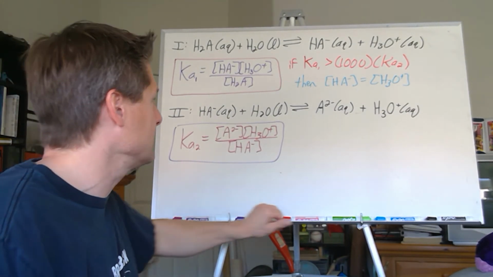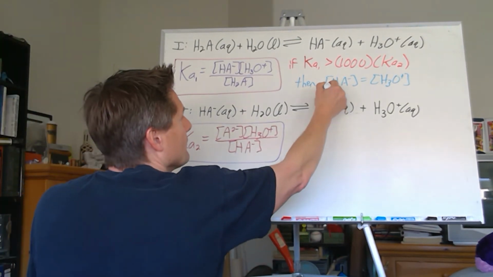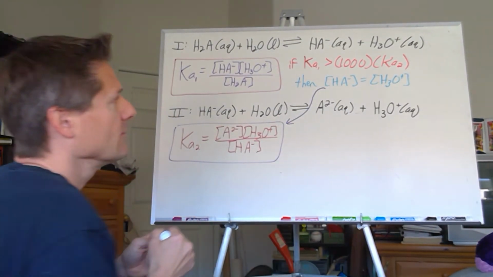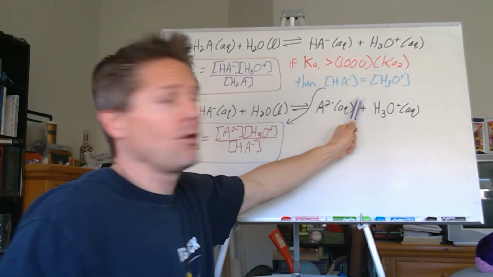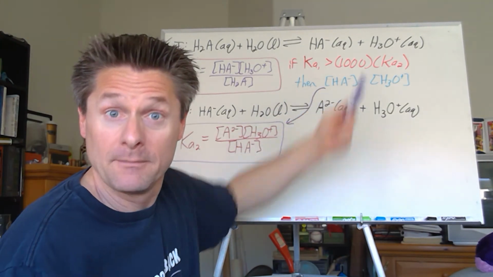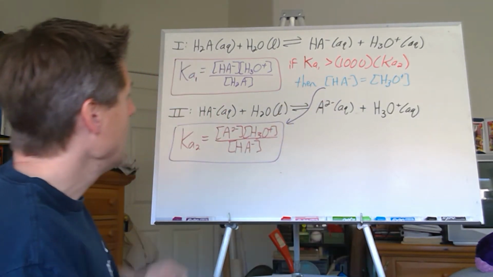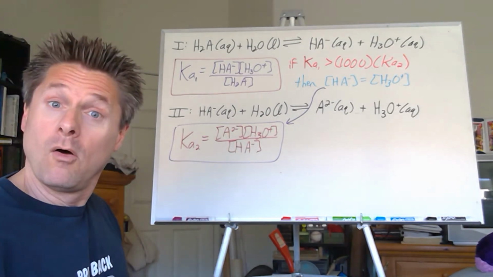ICE table for the second step, because what we can do, you ready? If the HA minus is equal to the H3O plus in step 1, because this assumption was valid, right? This assumption is valid. Isn't this equal to that?